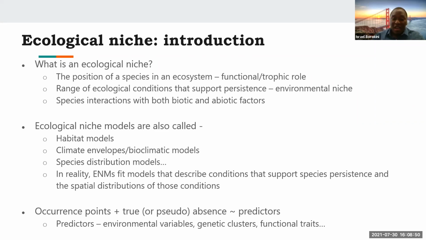And in recent times, there have been studies that now use functional traits, like important morphometric or anatomical variables or information on that particular species, to see whether it correlates with important environmental variables. And some use genetic clusters, depending on what kind of question you are asking or the investigation.